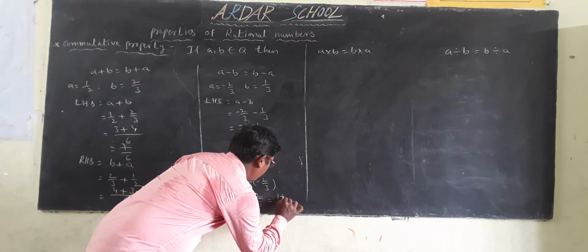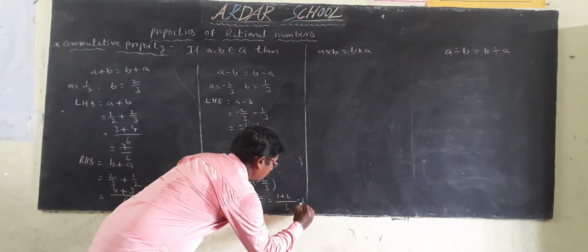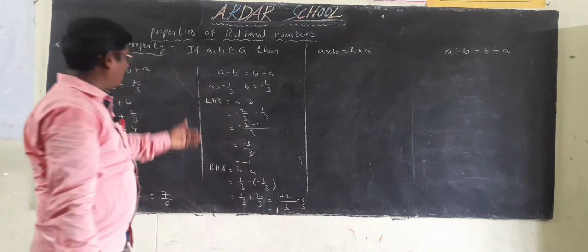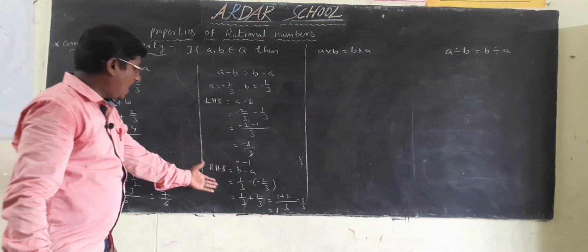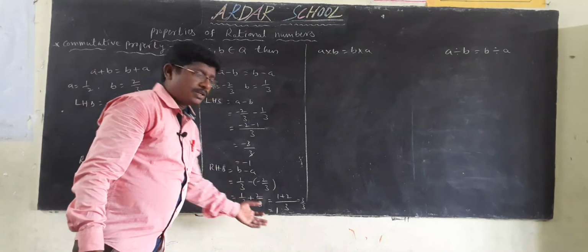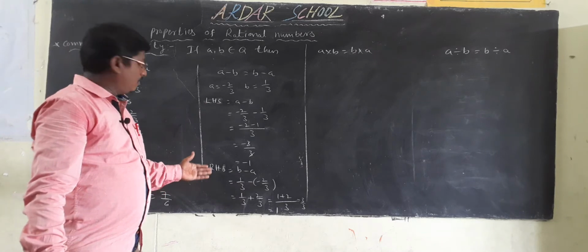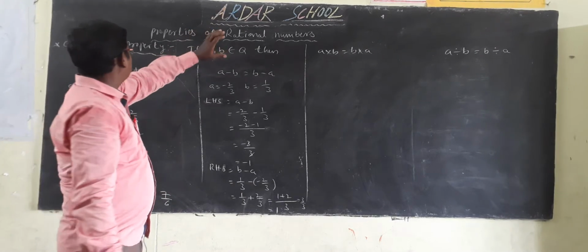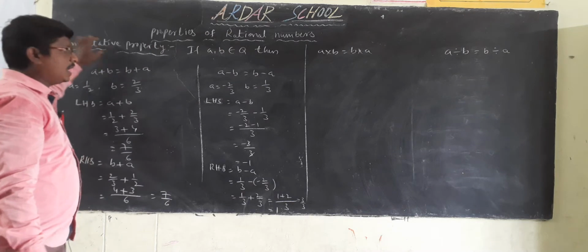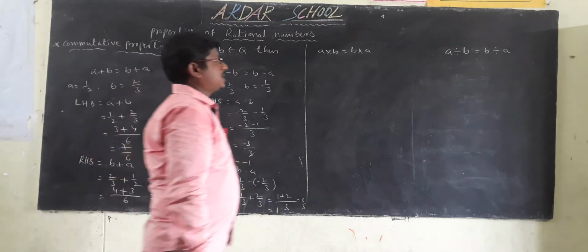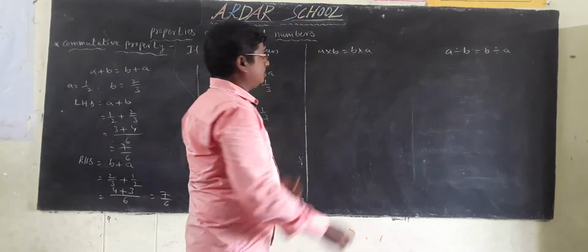That is equal to 1 plus 2, 3 by 3. That is equal to 1. Here LHS is equal to minus 1, RHS is plus 1. So LHS is not equal to RHS. We conclude that rational numbers do not satisfy the commutative property under subtraction. Is it clear?